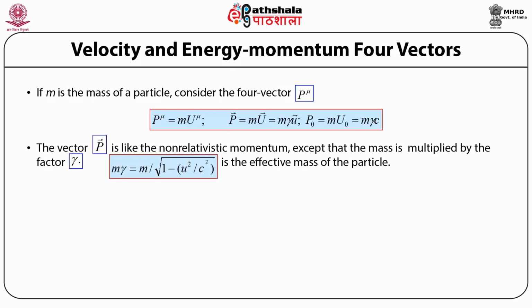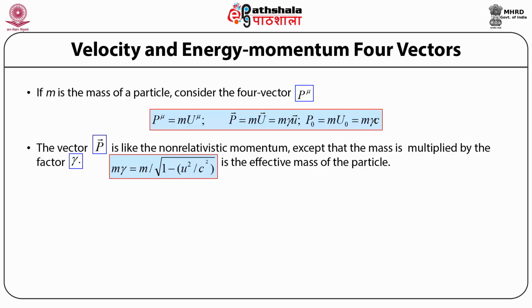So the vector capital P is like the non-relativistic momentum, except that the mass is multiplied by the factor gamma. Here the mass m refers to the rest mass of the particle, and m times gamma, which is equal to m upon under root 1 minus u square by c square, is the effective mass of the particle when moving with a speed small u.